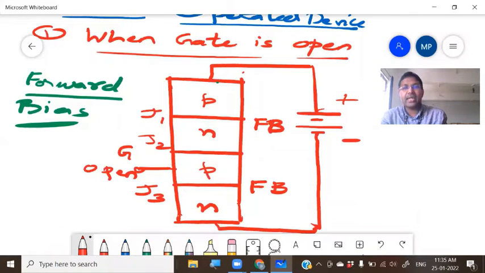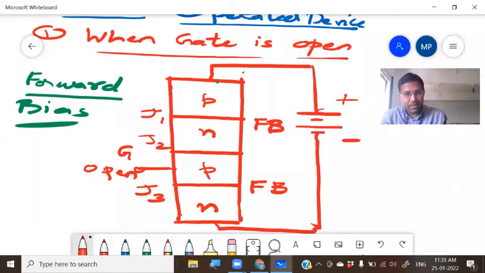Forward bias means it conducts, so this positive signal will pass through J1 and reach the N region here. Likewise, the negative signal will come here. J3 is forward biased, so it will cross J3, and now the negative signal will come to the P region.